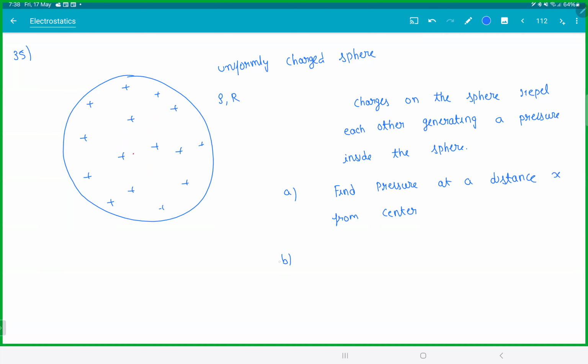The B part you'll do as a homework. Find the force between the upper and the lower hemisphere. You'll need the A part for the B part. We'll do the A part now.